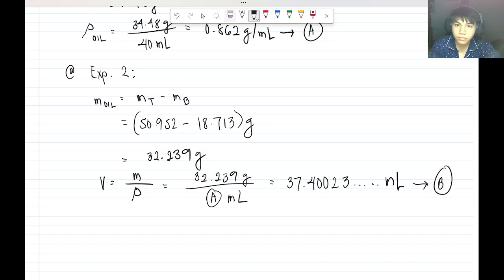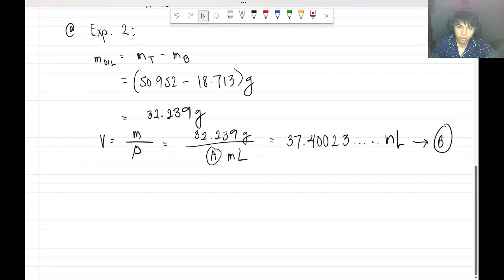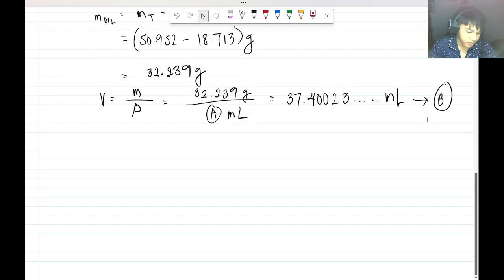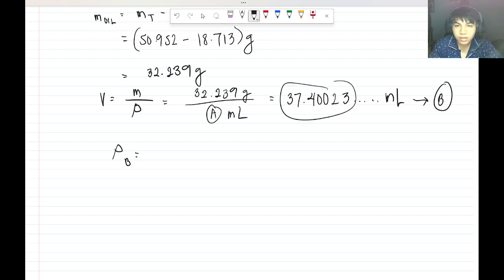And now that we have the volume of the mineral oil, we can compute for the density of the ball bearing. Since if you subtract this from the 40 milliliters, you will have the volume of the ball bearing.